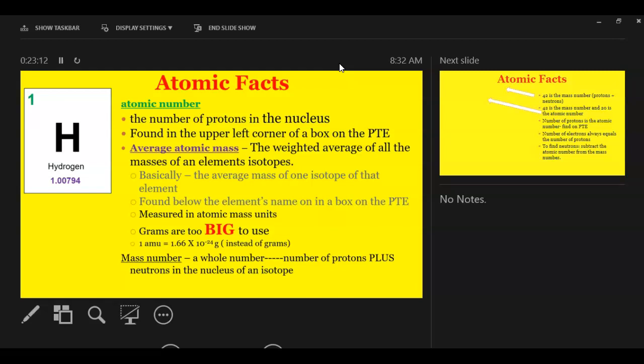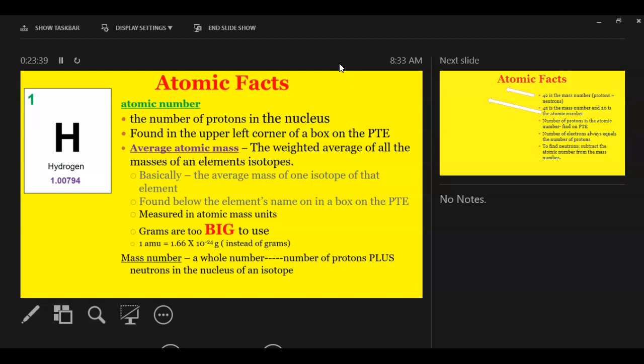So if I subtract my 1 proton, which is the atomic number, 1 minus 1 is equal to 0 neutrons. So believe it or not, in hydrogen 1, there are no neutrons. That's why it is the lightest element on the periodic table of elements. Okay? It has 1 proton. It has 1 electron, which is not very much. Okay? The mass is super small.